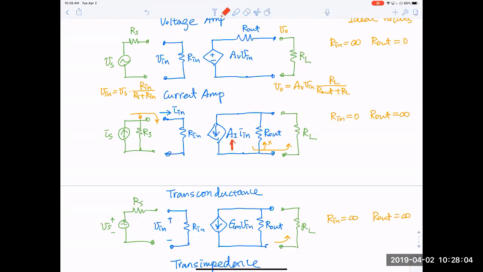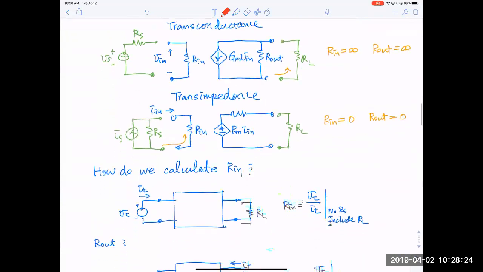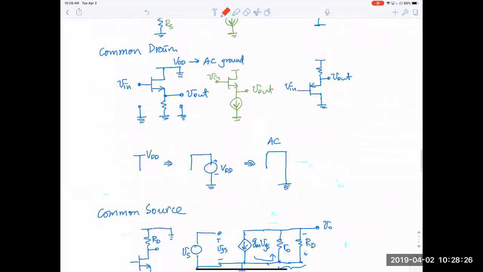But in this equivalent circuit, we also have R out, so there are two current paths. In order to measure that, if we make RL go to 0, then all the current will go through this branch, and we can estimate what this internal current source is. So this is what we are doing here.